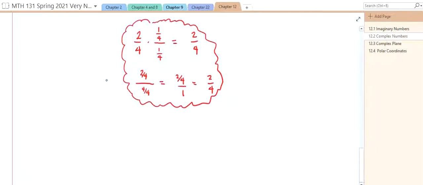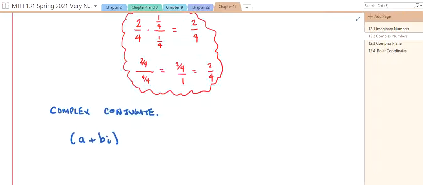So in order to do this, we're going to make a definition of something we call the complex conjugate. If we have a complex number, a plus bi, the complex conjugate of that number is just a minus bi.